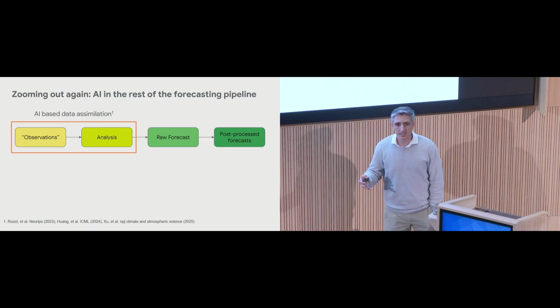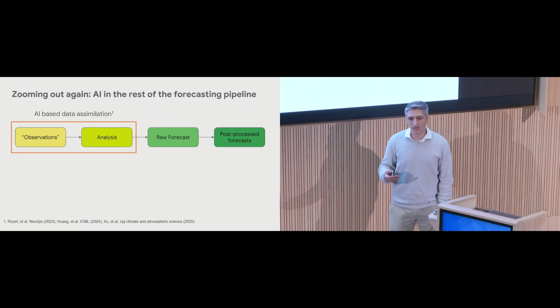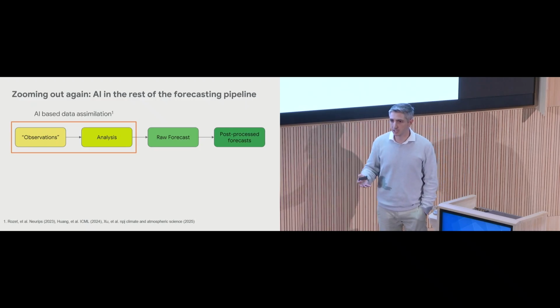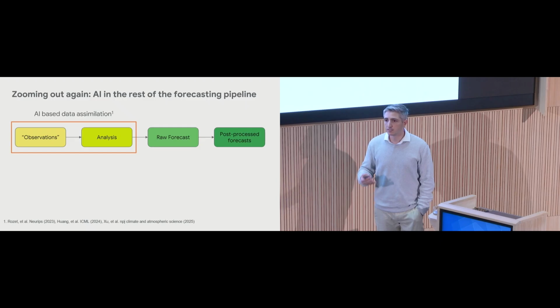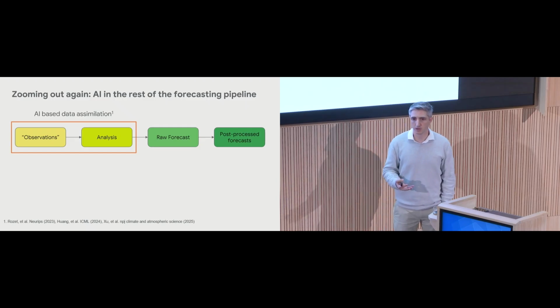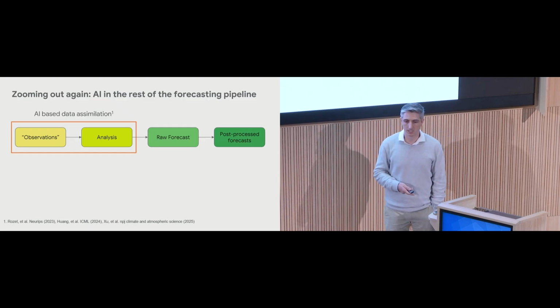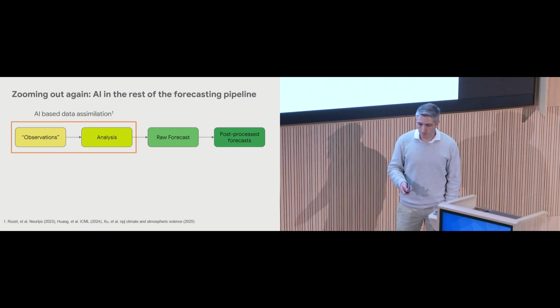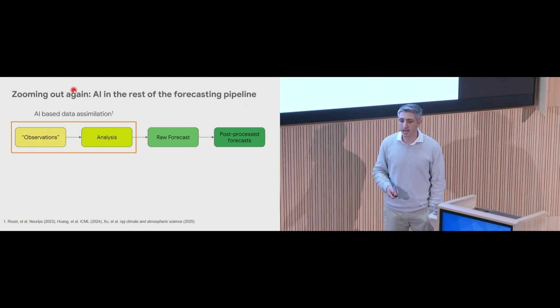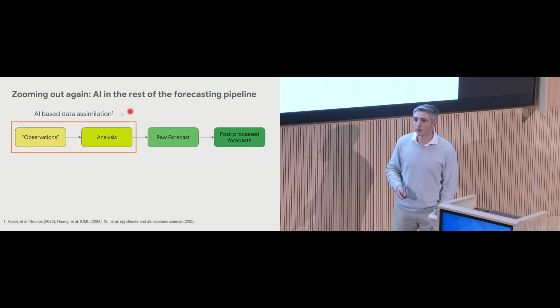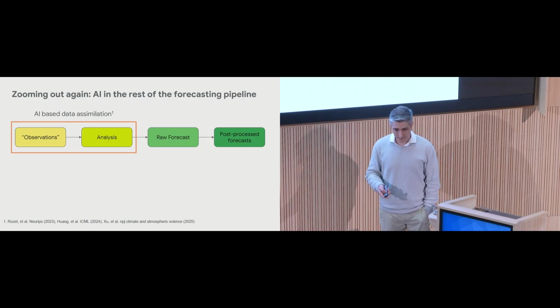What we've shown so far is a pipeline where one stage will be done by machine learning, but it still fundamentally depends on this analysis product, and this analysis product currently requires physics-based models. So if you were able to successfully achieve state-of-the-art data assimilation with machine learning, then that might no longer be the case, and we might no longer be depending on physics-based models in an AI-only pipeline.